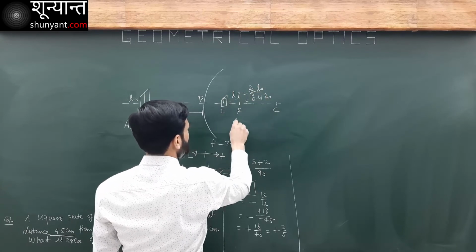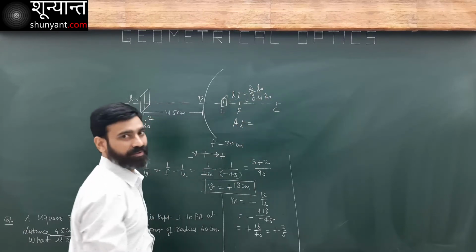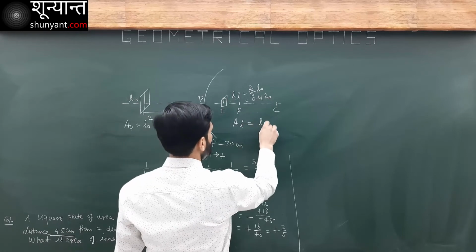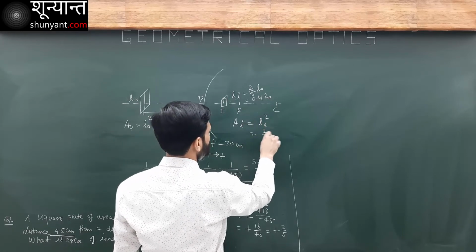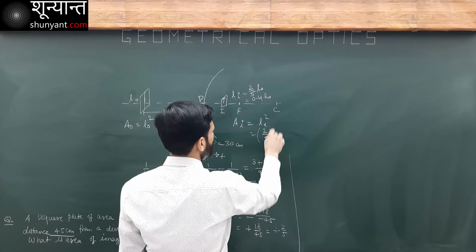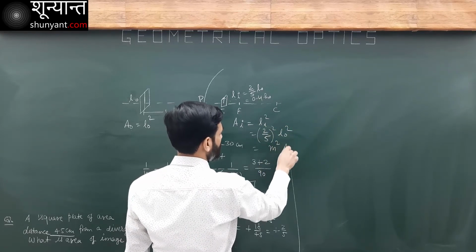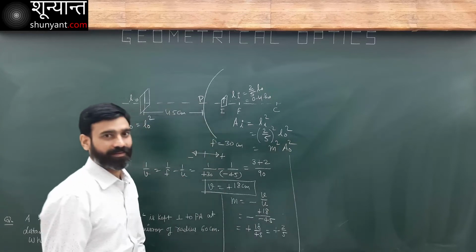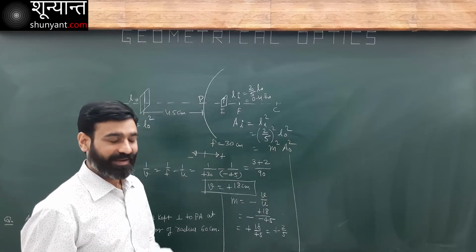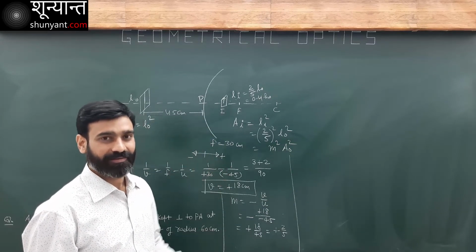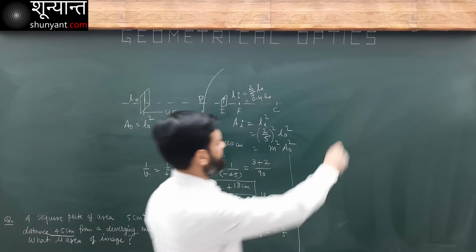So what will be the area of the image? Area of image is going to be equal to Li square, which is (2 by 5) square Lo square. This is going to be equal to M square times Ao.